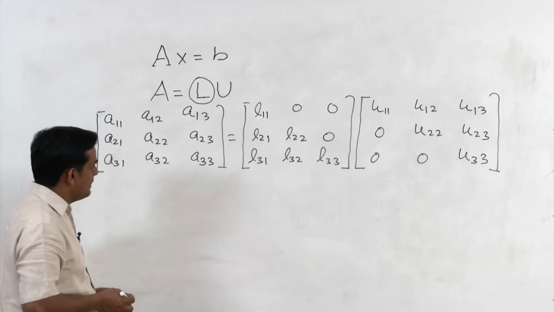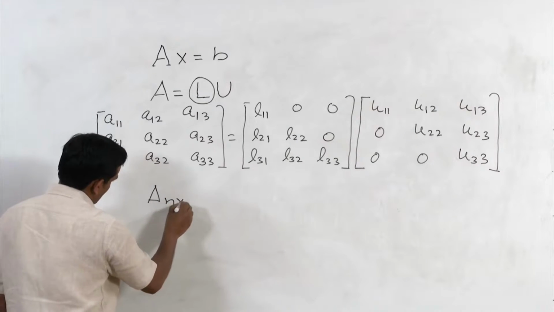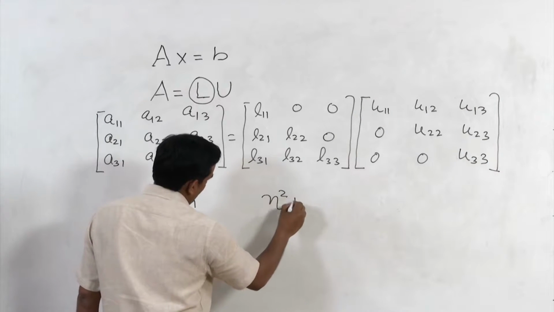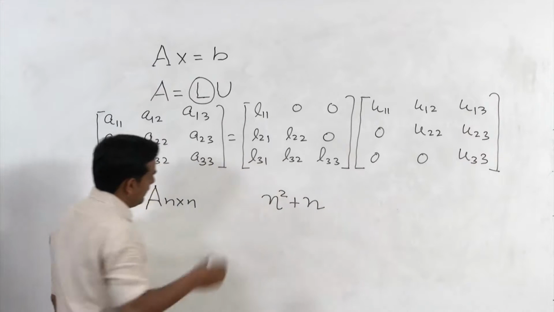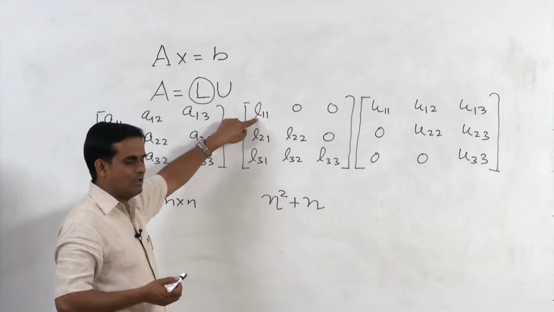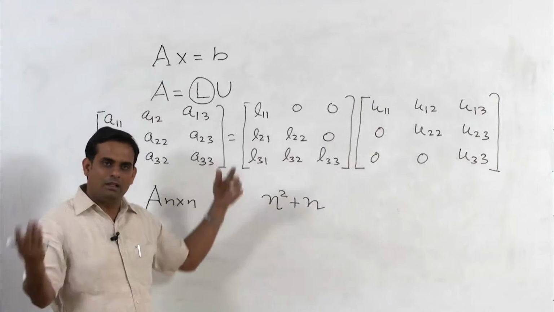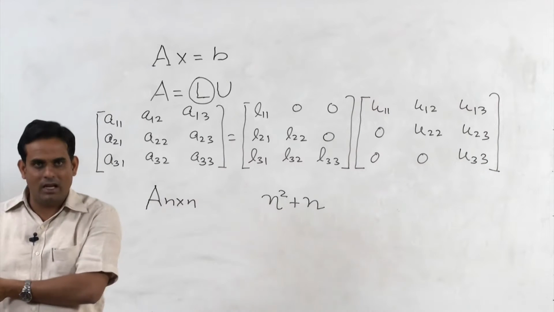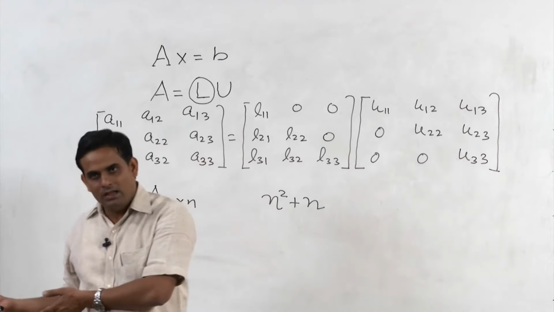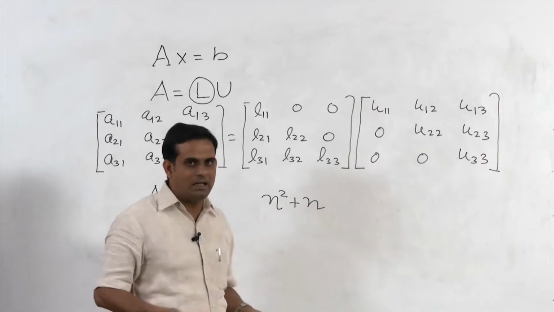In general, if A is an n by n matrix, then we will have a total of n square plus n unknowns, because in the first row we will have 1, in the second row 2, in the third row 3, in the nth row n. So it will be the sum 1 plus 2 plus 3 up to n, which is n into n plus 1 by 2.